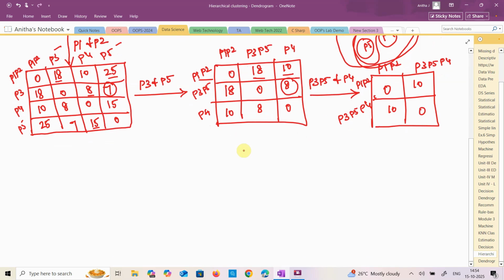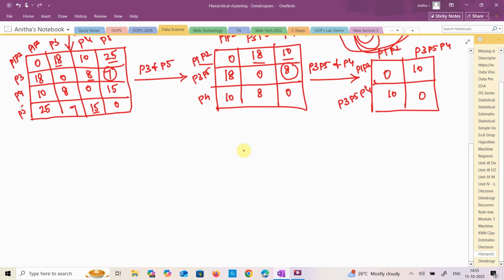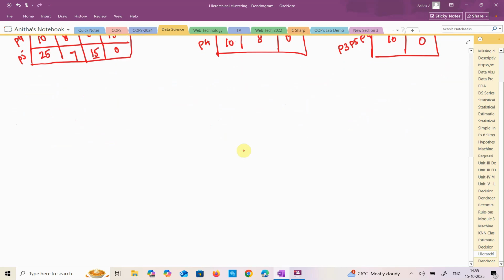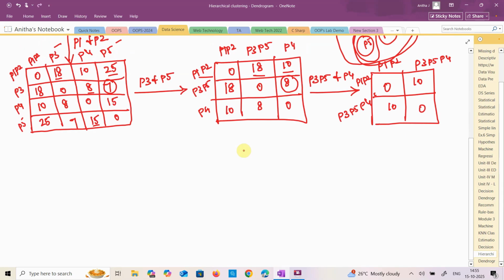Now we are going to represent this in a dendrogram, which is a tree-like structure. Initially we merged the data points P1 and P2.